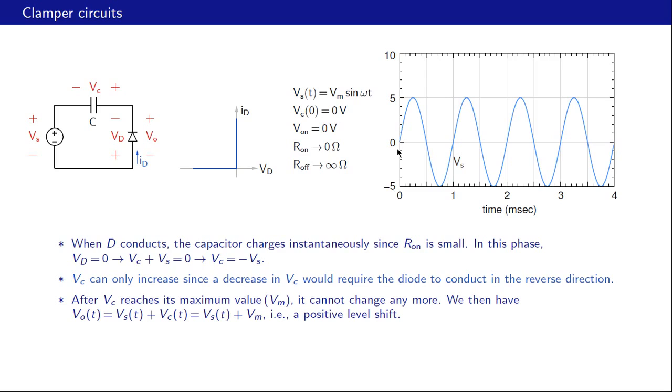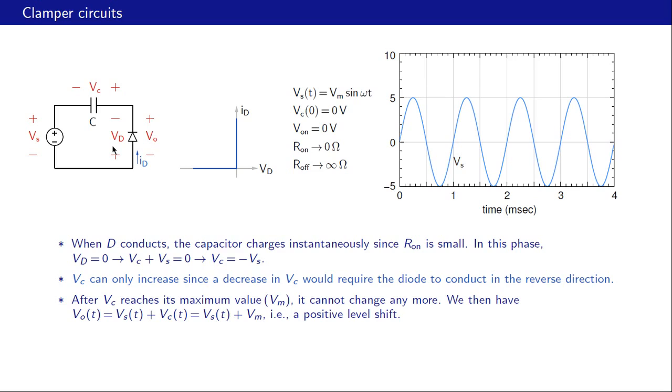At t equal to 0, the capacitor voltage is 0, and now the input voltage starts rising. Let us see what happens as a result of that. With Vc equal to 0, this Vd is the same as minus Vs because of these opposing polarities. Now if Vs becomes positive, that means Vd is becoming negative.